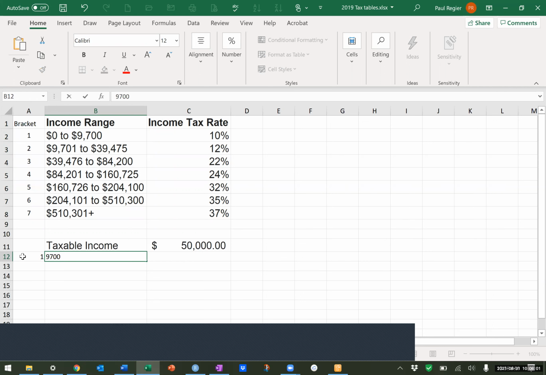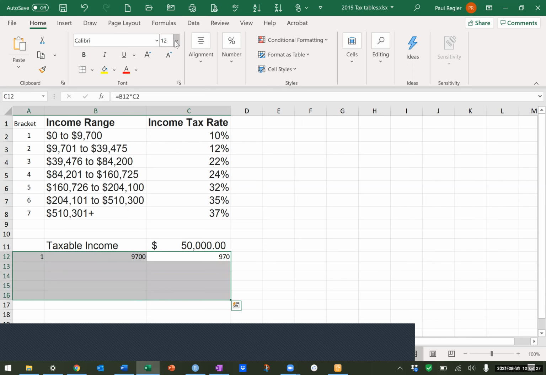So in the first bracket, we're paying taxes on $9,700. I can click on this cell and then multiply by the tax rate for that cell. Aha, and you hit return, it makes 970 to be your tax. Let's make this a little bigger.